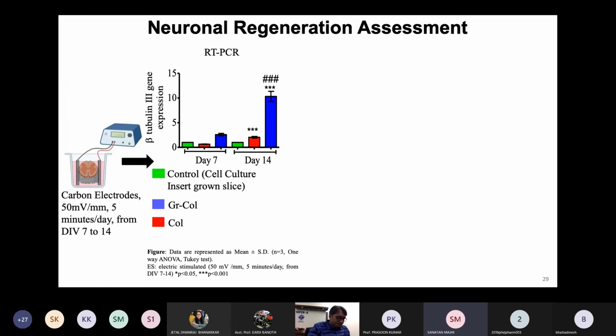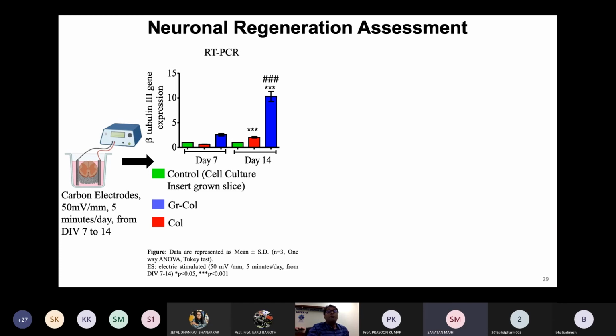Then we wanted to check what happens when we grow the spinal cord slice on the material and give current. After 7 days of culture, when they nicely attach, we looked into the beta tubulin gene, which is a mature neural marker, and compared with and without current.